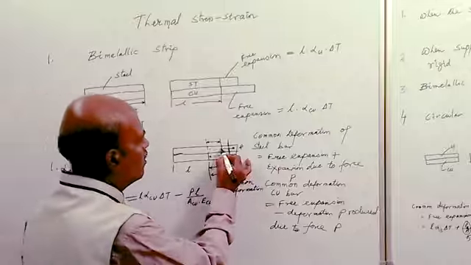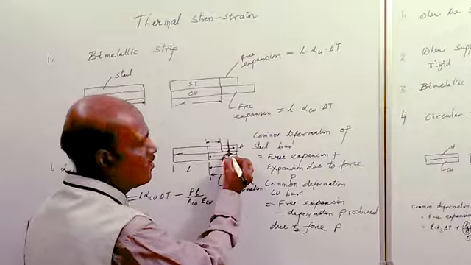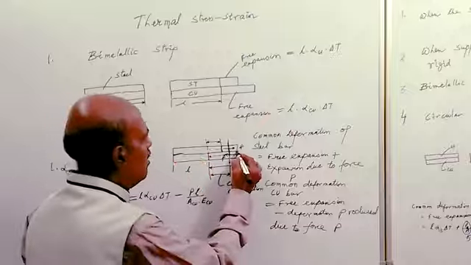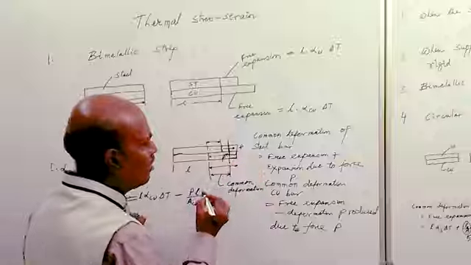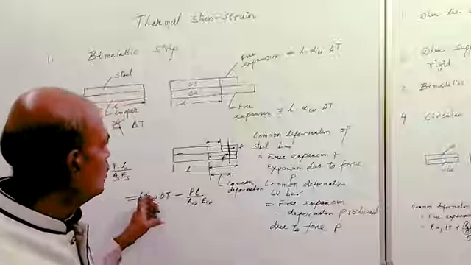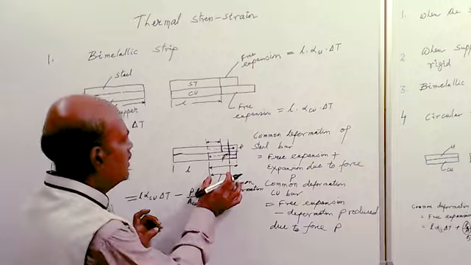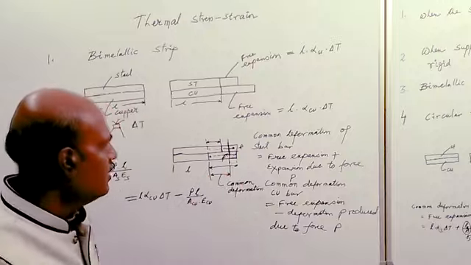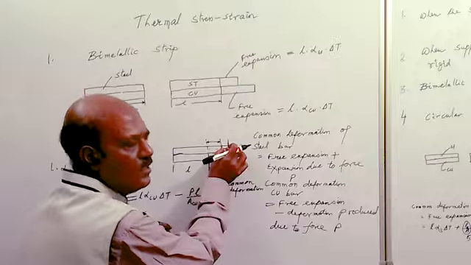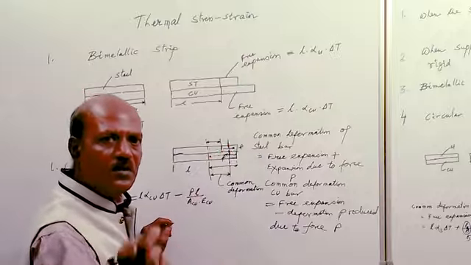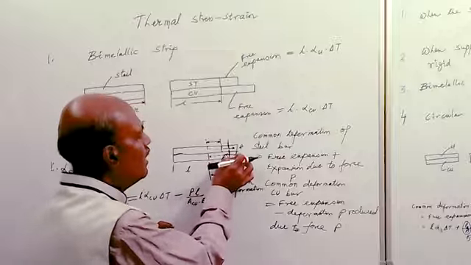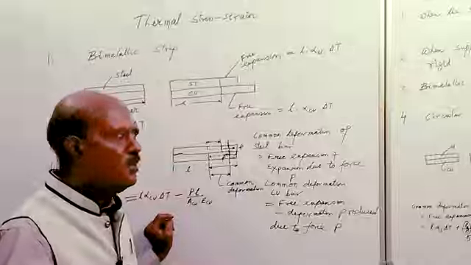Because of this force, an extra expansion on the steel bar will take place because of load P produced in the bar, and a compression of this much on the copper bar will take place because of that load P. So the common deformation of the steel bar is given by free expansion plus expansion due to force, and that will be equal to the free expansion of the copper bar minus the compression produced by load P.